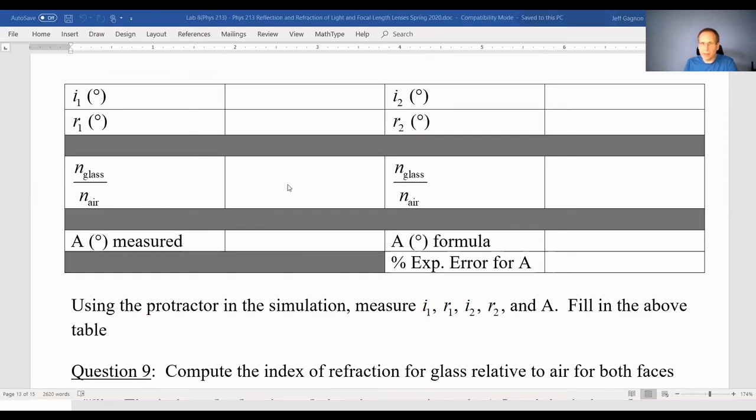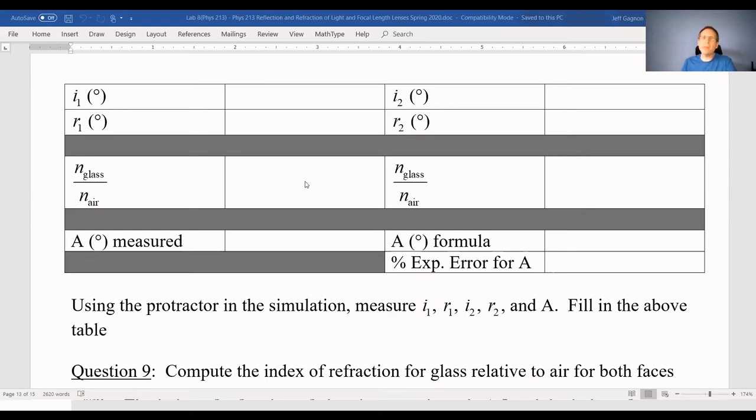For the first face and then for the second face. Remember, in this case, this is going to equal the sine of I1 over the sine of R1. In this case, it's going to be the sine of R2 over the sine of I2.